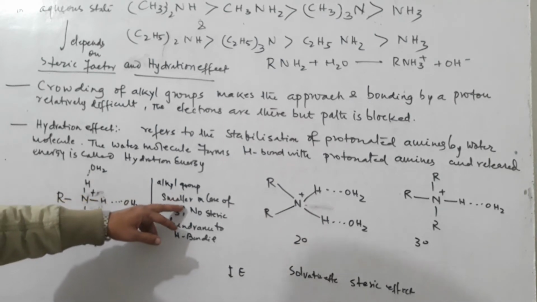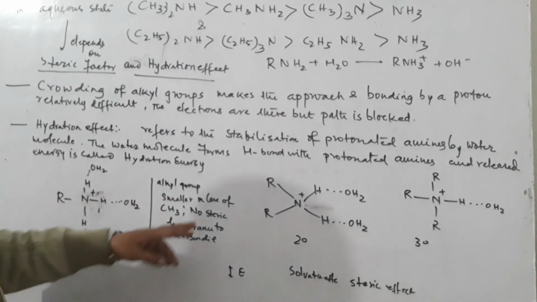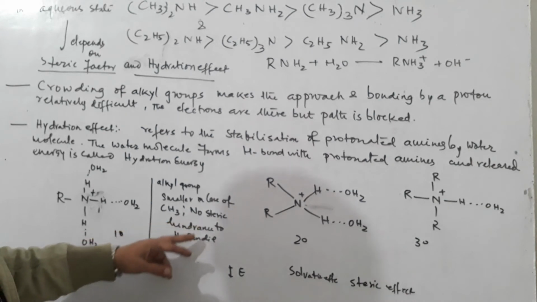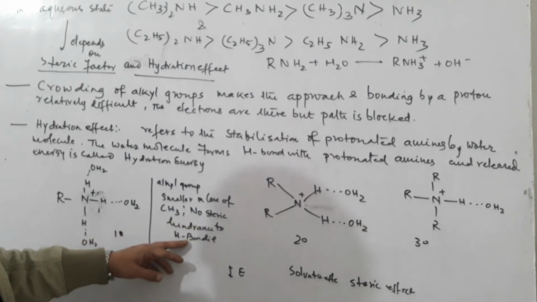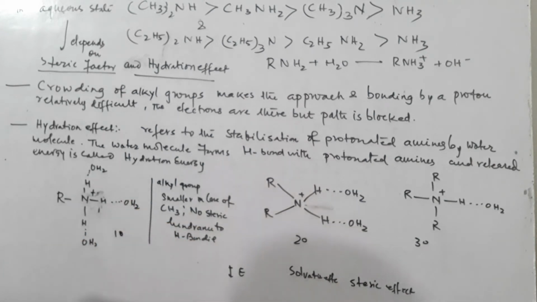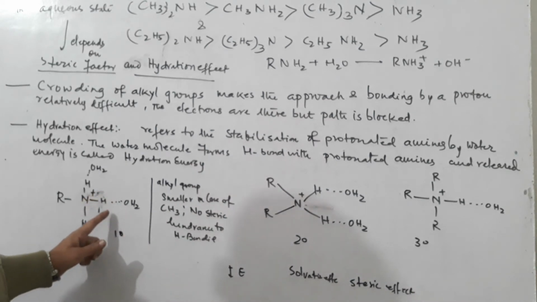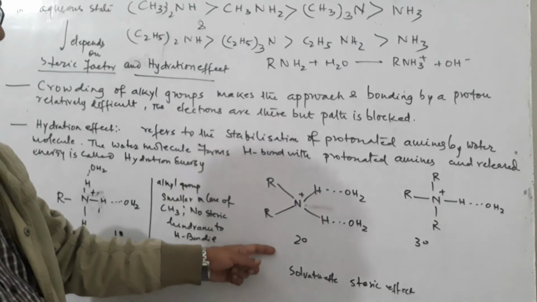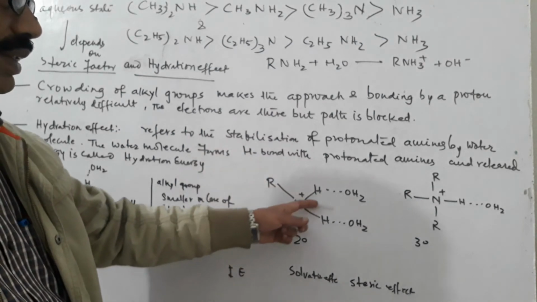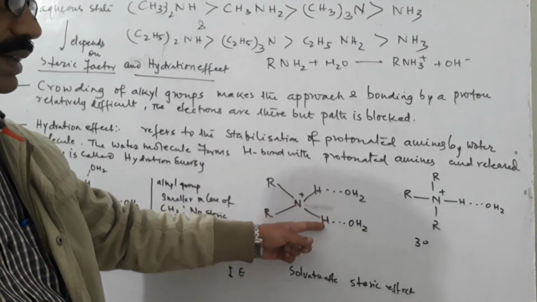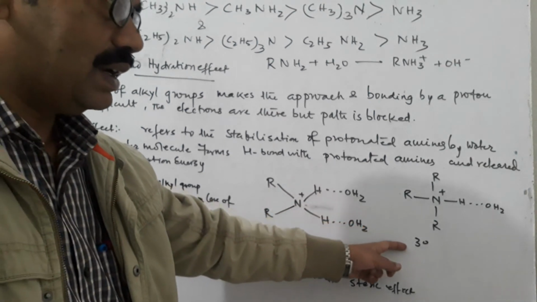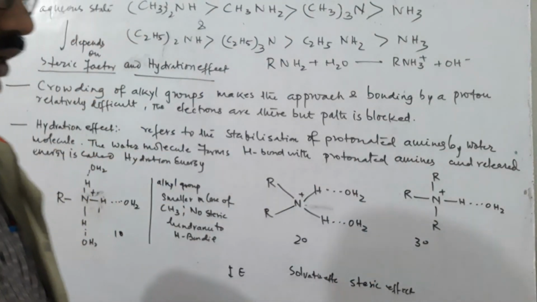If alkyl groups are smaller, as in the case of methyl, there is no steric hindrance to the hydrogen bonding and thus it gets stabilized. In the case of a secondary amine, there are 2 points of hydration. In the case of a tertiary amine, only 1 hydration.